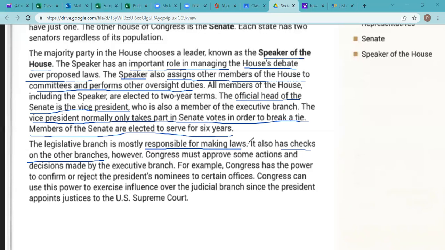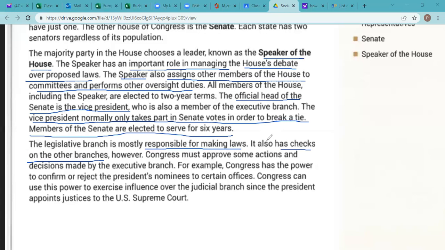So if it clears Congress, the legislative branch, we have to make sure that this also goes to the executive branch. And if the executive branch does not approve it, then maybe the president will veto it and send that information back to Congress, and they have to look at it again and they may have to make some changes.